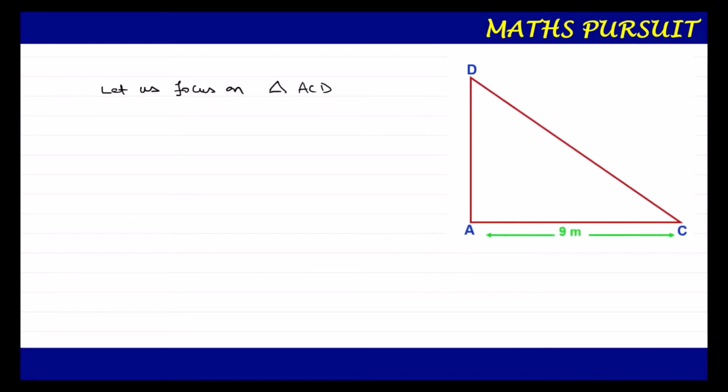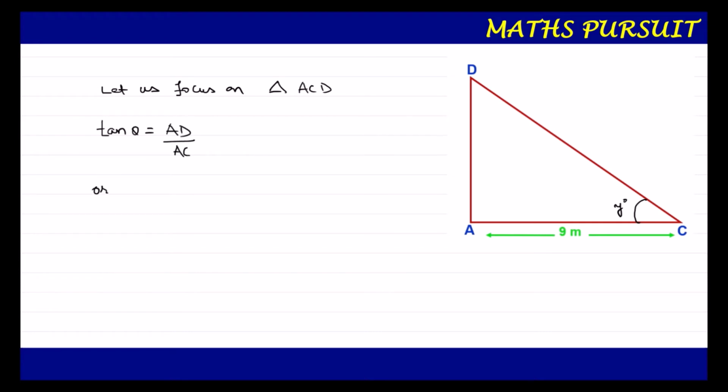And we have assumed angle C to be y degree. So again, applying tan theta on this triangle, I can write tan theta is equal to AD upon AC.